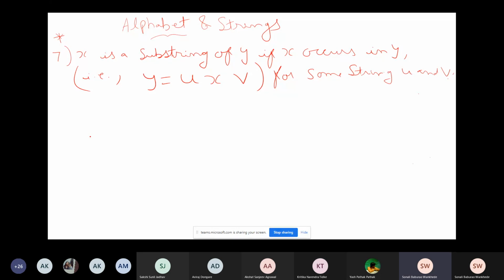It says that X is a substring of Y if X occurs in Y for some strings U and V. It is always given in this form, Y is equal to UXV, and the meaning is that this X occurs in Y.